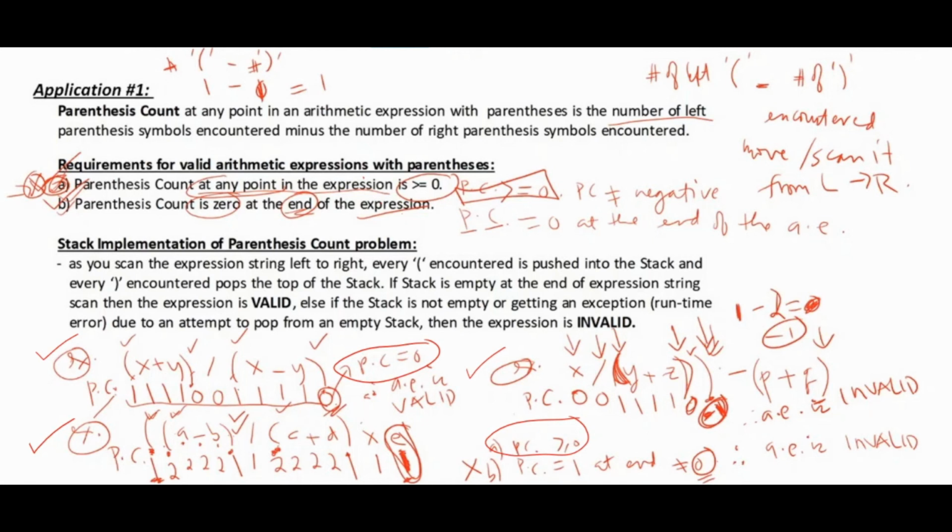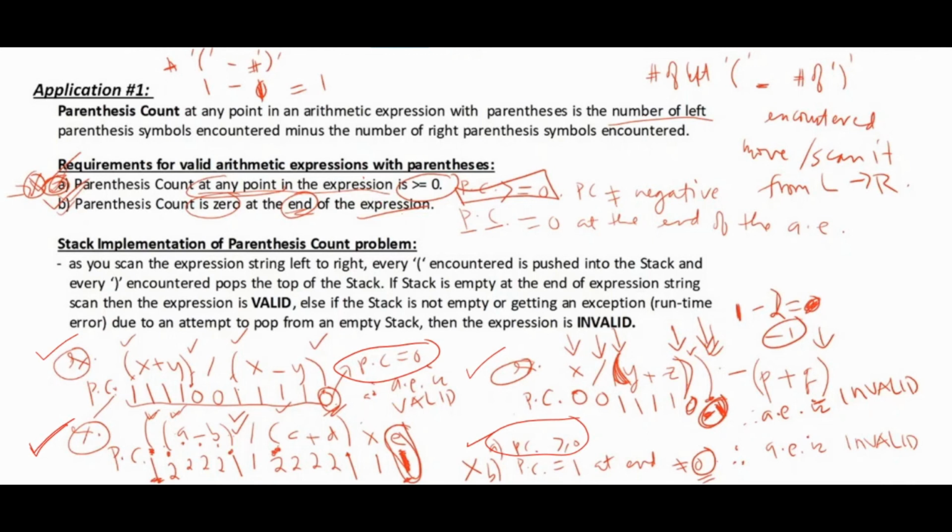So there are two cases when the arithmetic expression is invalid, and that is first, when the parenthesis count is greater than 0, which means that there are more left parentheses symbols than right parentheses. And the second case is when the parenthesis count is less than 0 or a negative value, which means that there are more right parenthesis symbols found than left parentheses.